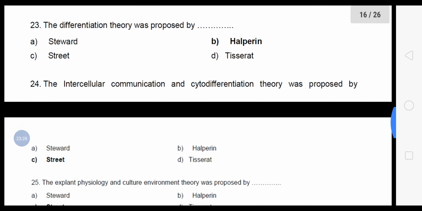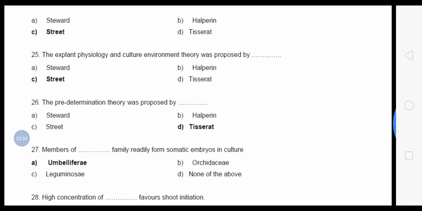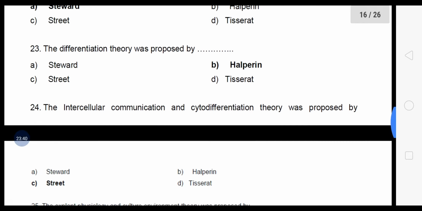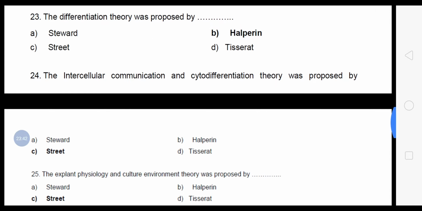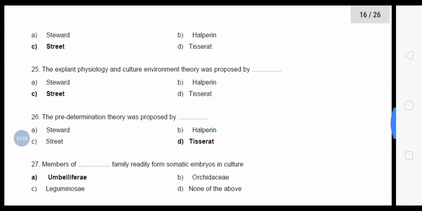Differentiation theory was proposed by Halperin. Intercellular communication and cytodifferentiation theory was developed by Street. Three things you need to remember. Cell isolation theory by Steward, differentiation theory by Halperin, and intercellular communication and cytodifferentiation theory by Street. These three are the theories of somatic embryogenesis.